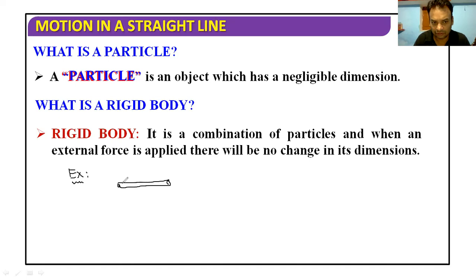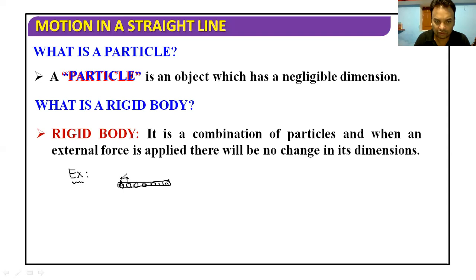Let me divide it into small segments, and consider these small segments as atoms. Suppose this is the first atom, and this is the second atom, then third, fourth, and fifth. Let me take the distance between any two atoms.